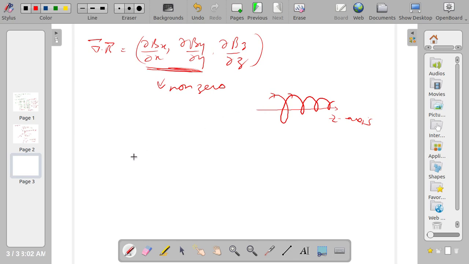Its strength increases as z increases, and magnetic field strength increases with increase in z.